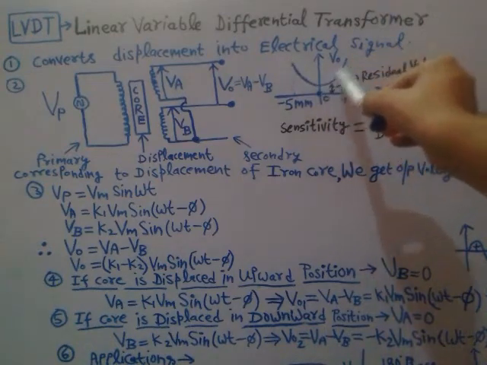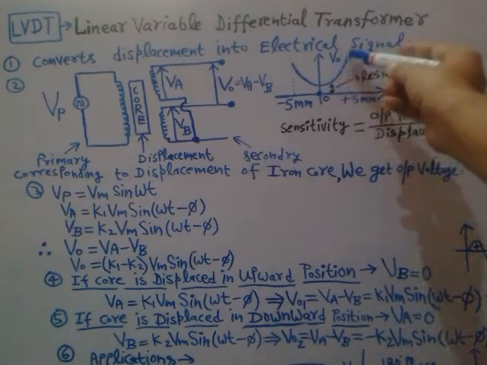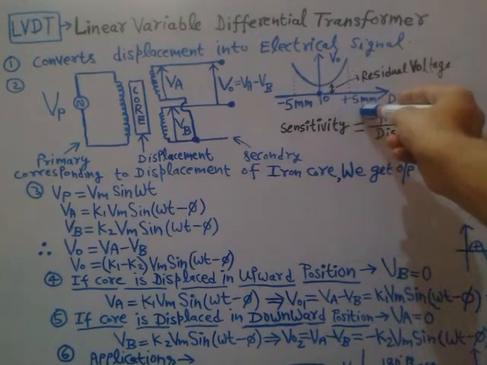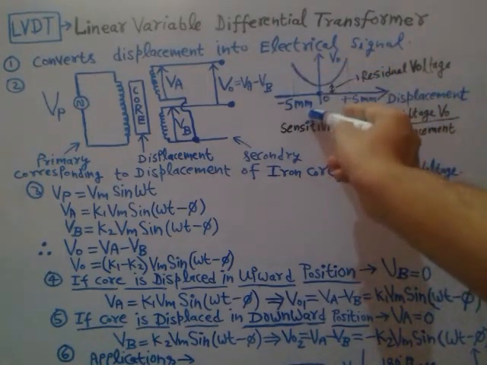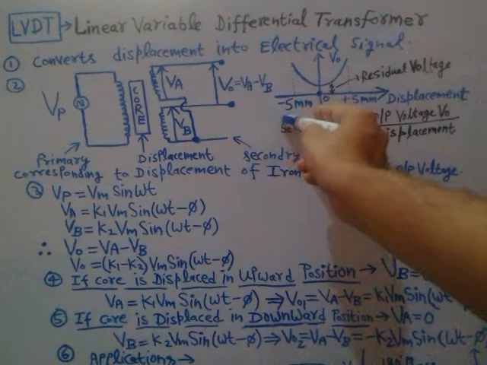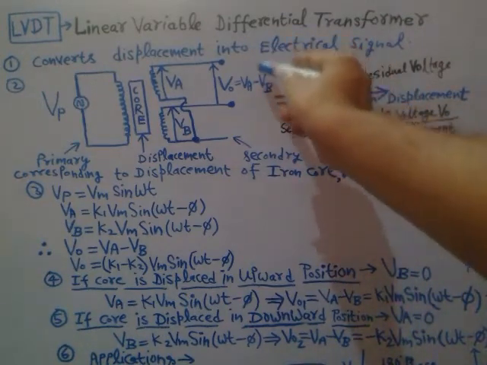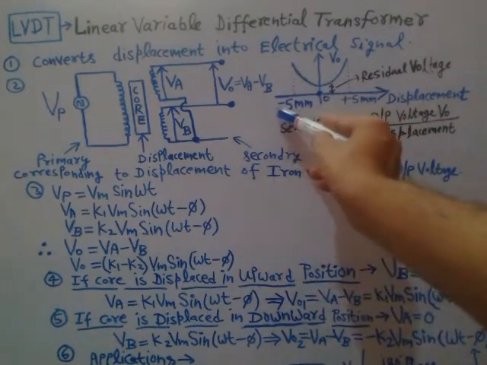So you will get this kind of characteristic, right? Here the displacement is in one particular direction, suppose the positive direction, plus 5 mm, and this other curve you obtain when the displacement is in the opposite direction, minus 5 millimeter.